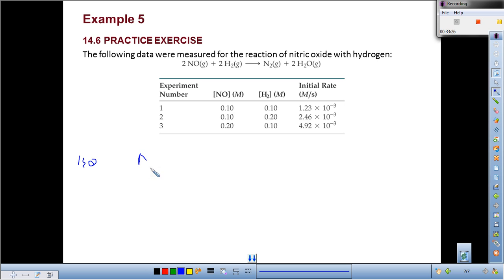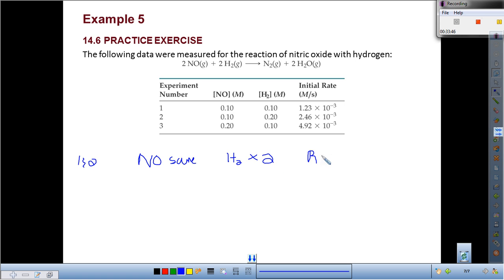Alright, what happened to my NO? Stayed the same. What happened to my hydrogen concentration? It doubled. And then finally, what happened to my rate? Well, my rate went from 1.23 times 10 to the negative 3 to 2.46 times 10 to the negative 3.